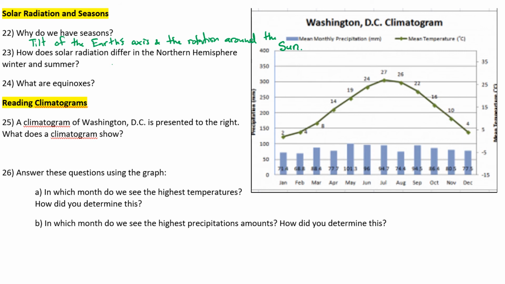So when the north pole of Earth is tilted toward the sun, we in the northern hemisphere receive more sunlight.